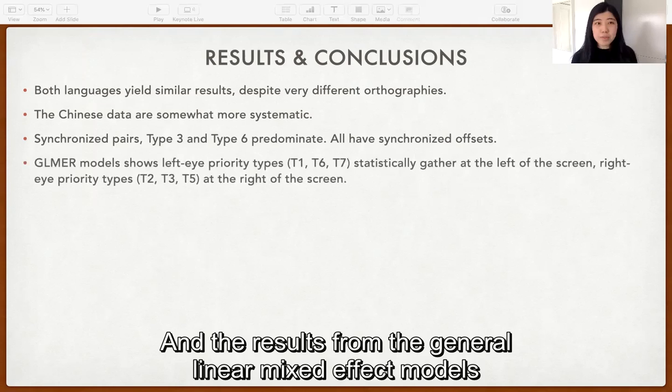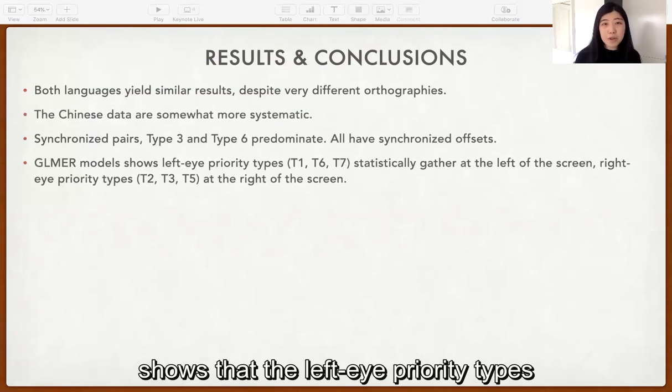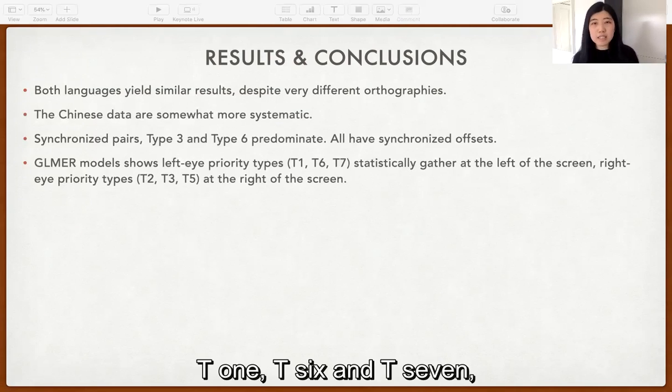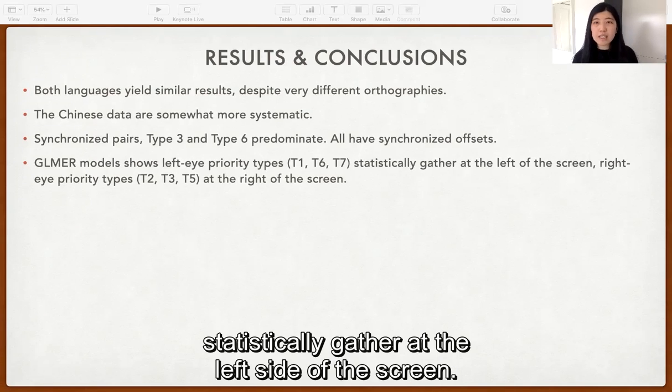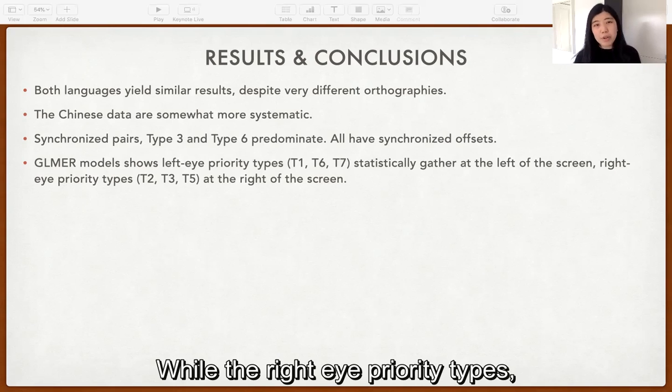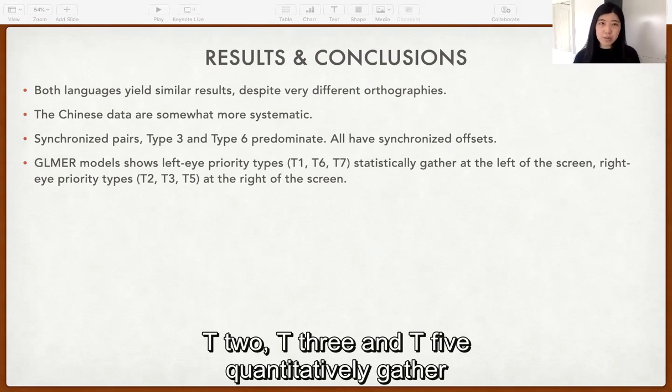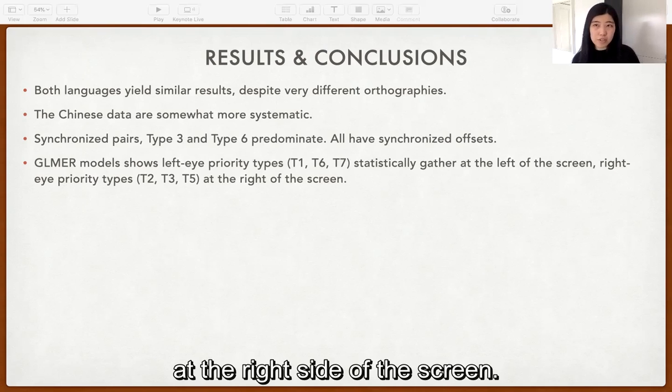The results from the generalized linear mixed effect models show that the left eye priority types T1, T6, and T7 statistically gather at the left side of the screen, while the right eye priority types T2, T3, and T5 gather at the right side of the screen.